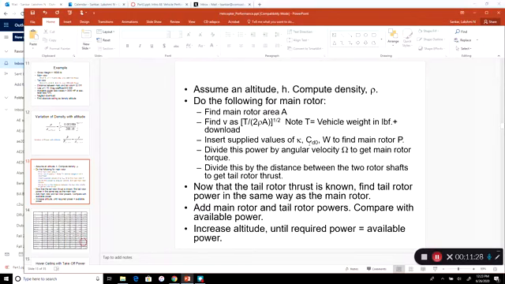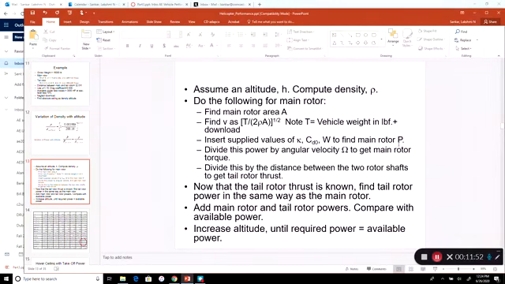Then you take sigma times CD naught over 8 times tip speed squared times disk area, times tip speed, which is the profile power. Add them, and that will be the total power.